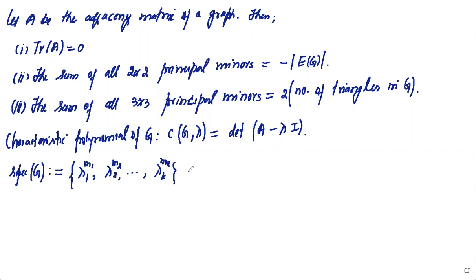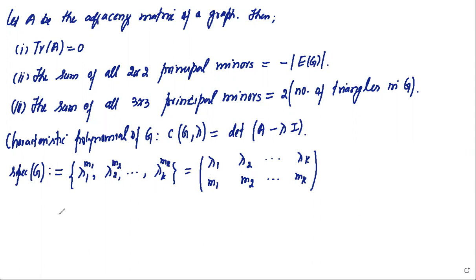Or we can also write the spectrum of a graph in a permutation form. We write the eigenvalues in the first row and their multiplicities in the second row. So here it is m1, m2, and mk. These things we had discussed in the previous lecture.